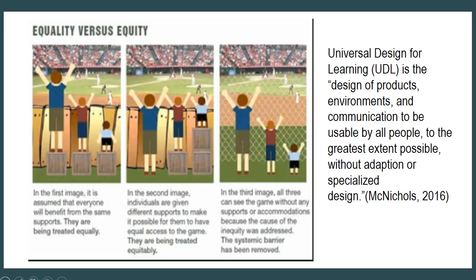The second example talks about the design of products, environments, and communication that's usable by all people to the greatest extent possible without adaptation or specialized design. And McNichols in his article suggests that we should focus more on something that's usable potentially by all people versus trying to have accommodations or any specialized design.